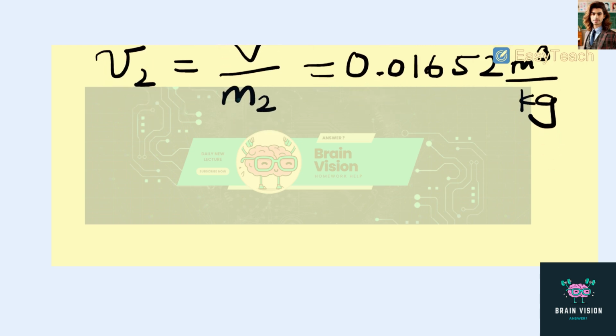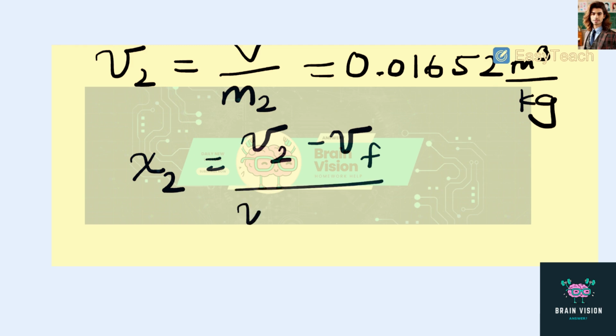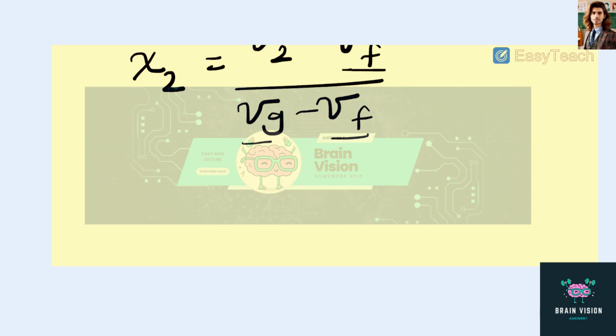Now, the final quality of the R134A can be defined from the definition: X2 is equal to the specific volume at 2 minus the specific volume F, over specific volume G minus specific volume F. These quantities are taken from the table.